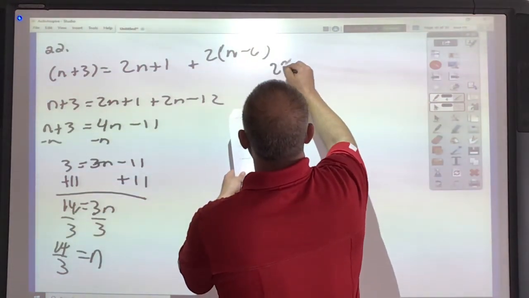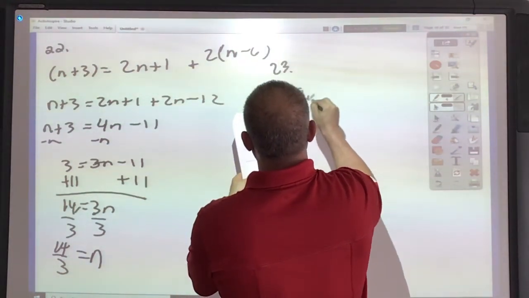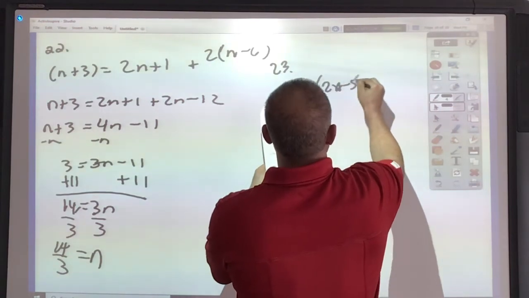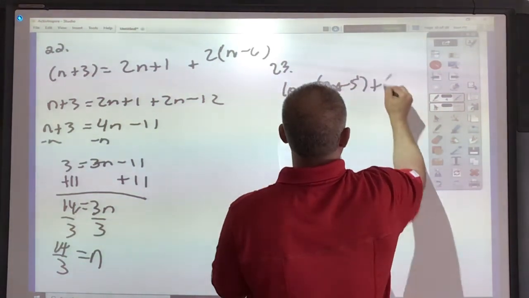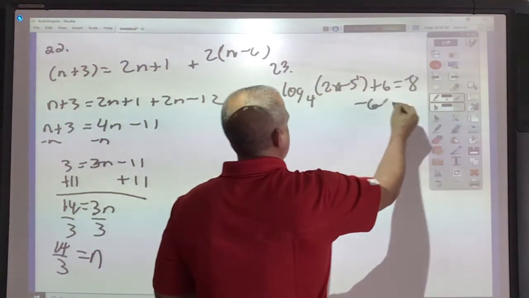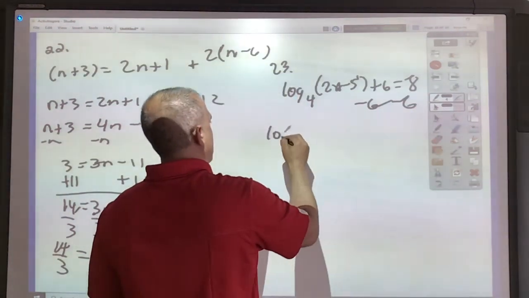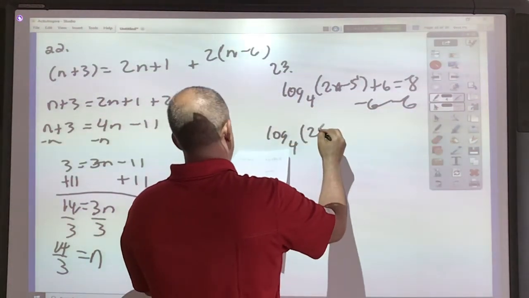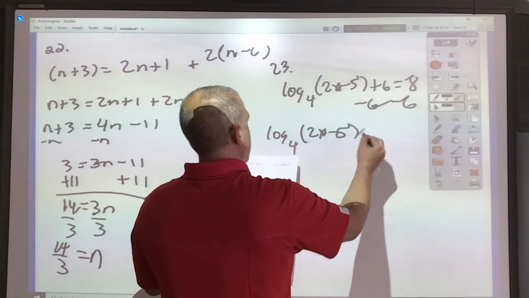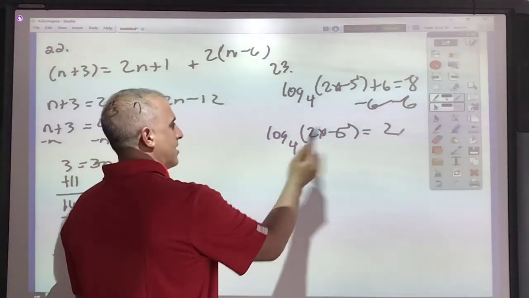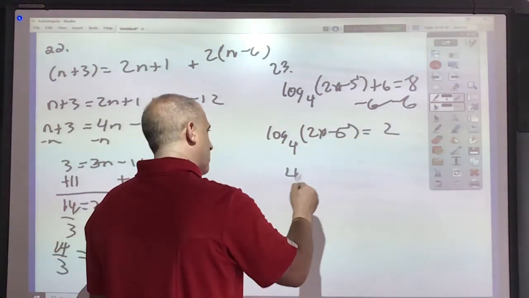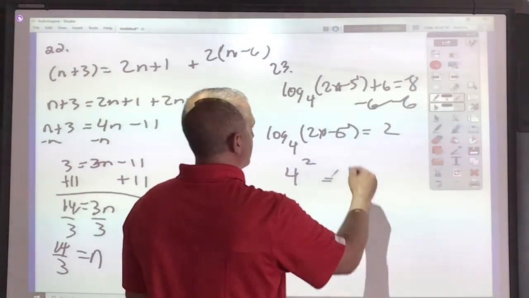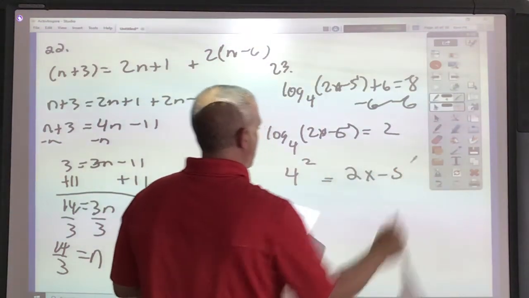Question number 23. All right, I want to convert this. So what I want to do is I want to subtract 8. Okay, so I got log base 4 of 2x minus 5 equals 2. Okay, I want to convert this. So this would be 4, this 2 would come over, this 2x minus 5 would go over here.